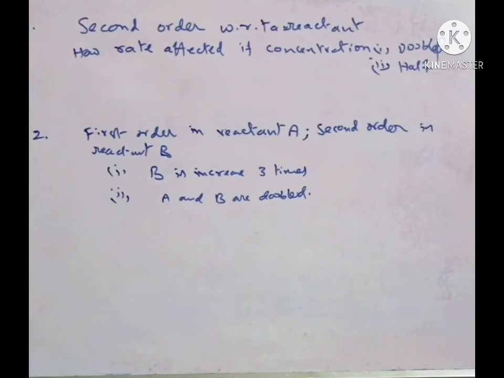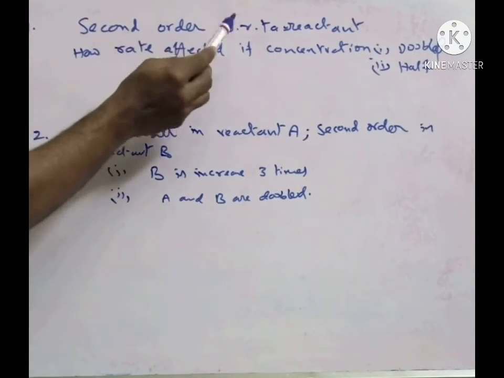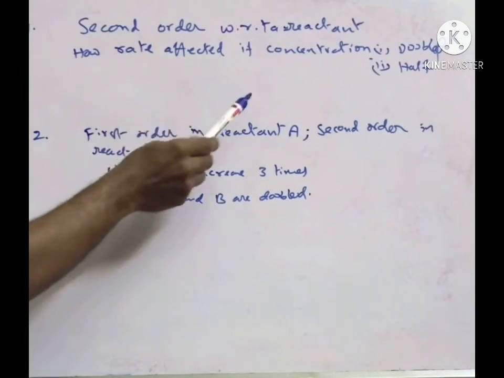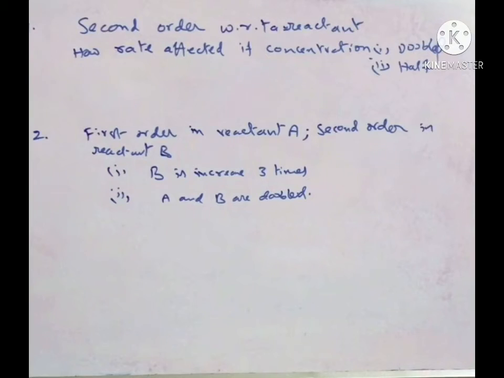So the next question from the chemical kinetics lesson. The question given was, a reaction is of second order with respect to a reactant. How is its rate affected if the concentration of the reactant is, first condition, doubled, second condition, reduced to half?